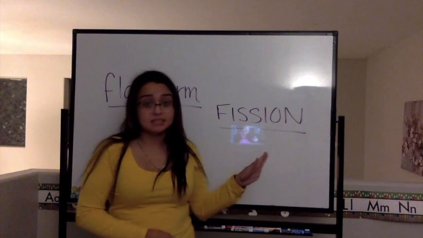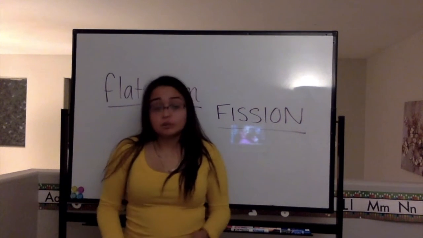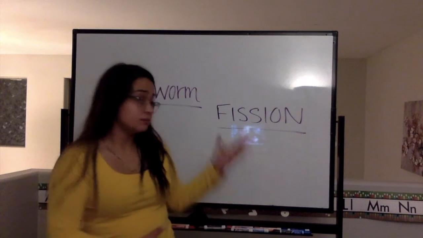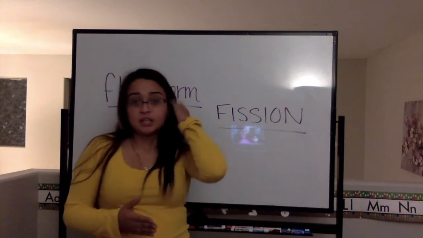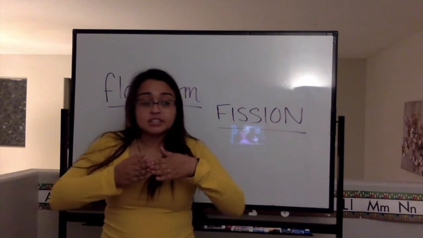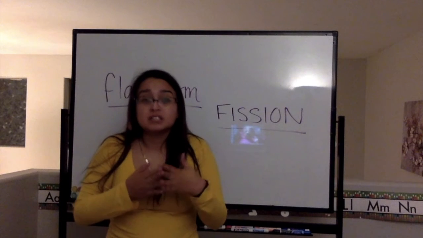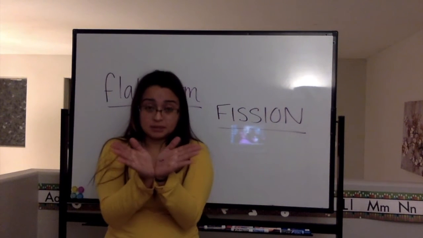What this means is that the worm, or pretty much any organism that does this, this is what it does, fission, okay? So let's say there is one worm. This worm actually starts to create a double of itself and starts to split in the middle of it.